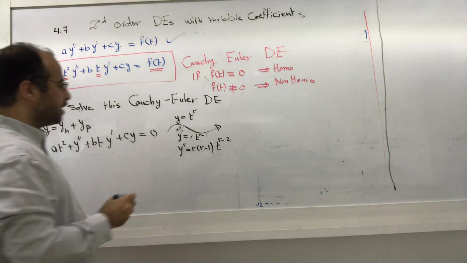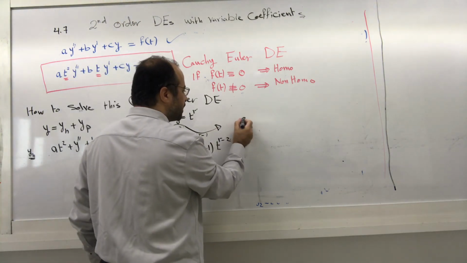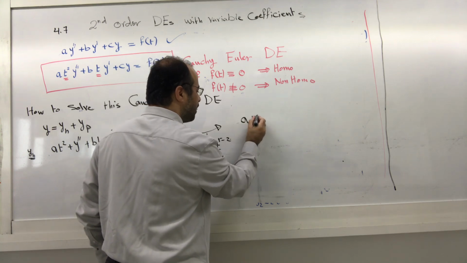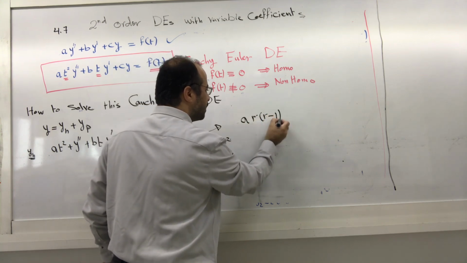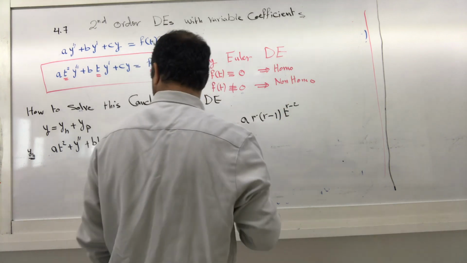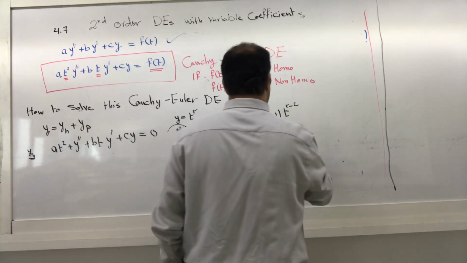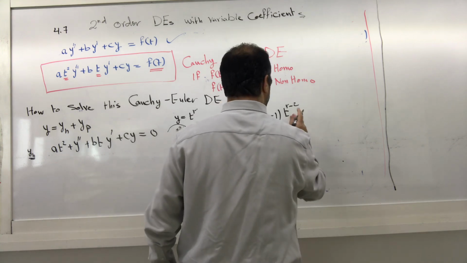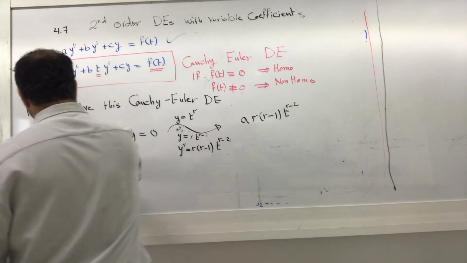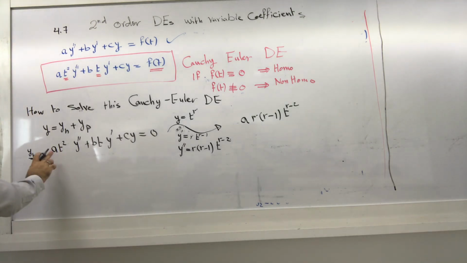Now, when you plug into the equation, you are going to have a r(r-1) t^(r-2). And then there is a t², sorry, here we don't have plus, it is just a multiplication, a t² y''.